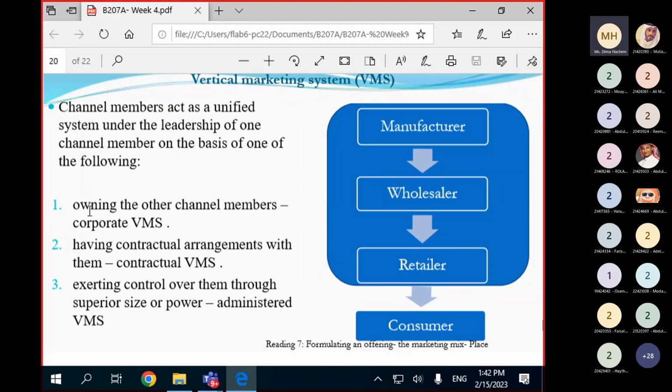Why is this good sometimes? Because owning the other channel member will make it easier to save on costs and save money, because these two will have the same interests.